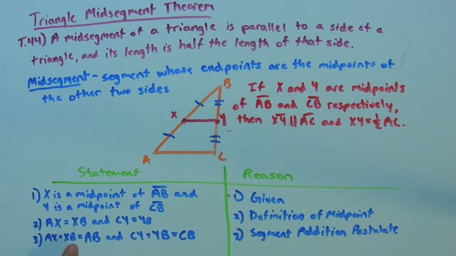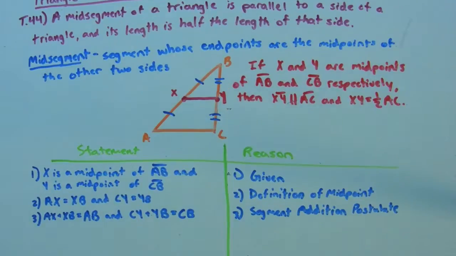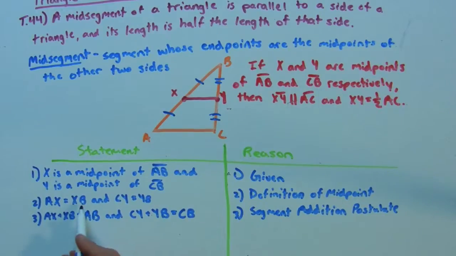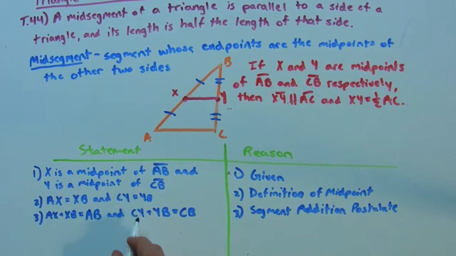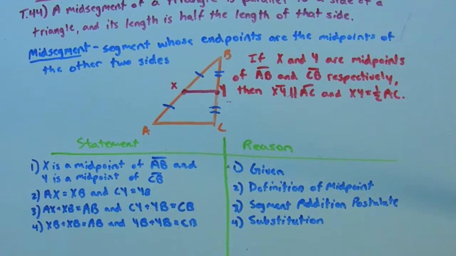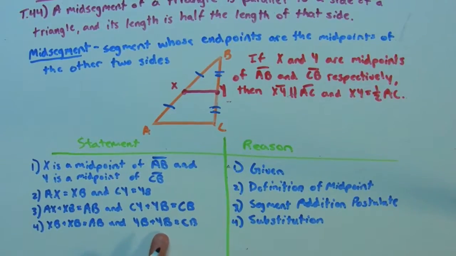Now let's go ahead and use substitution and substitute XB in for AX, as well as YB in for CY, since AX equals XB and CY equals YB. And from there, we can simplify. XB plus XB is equal to 2XB, YB plus YB is equal to 2YB.